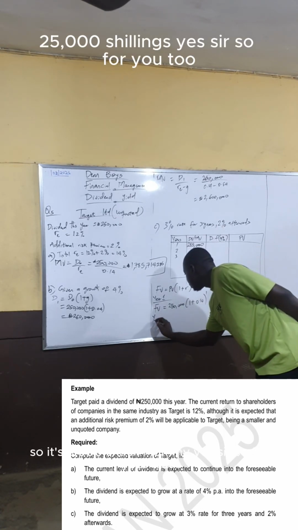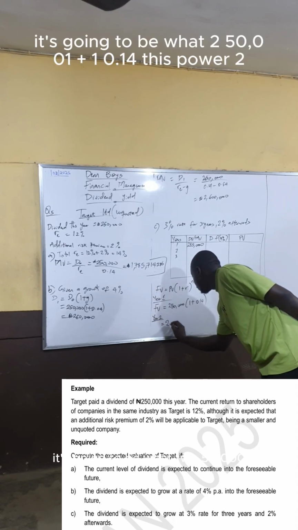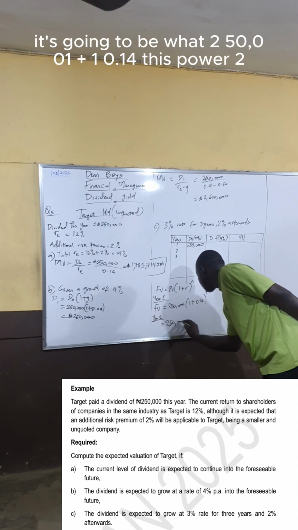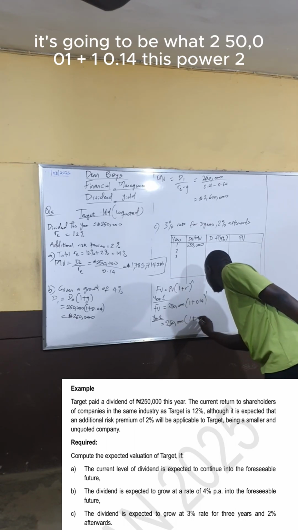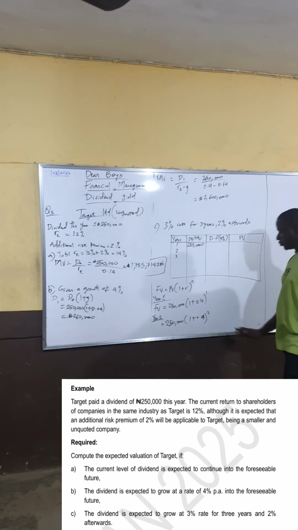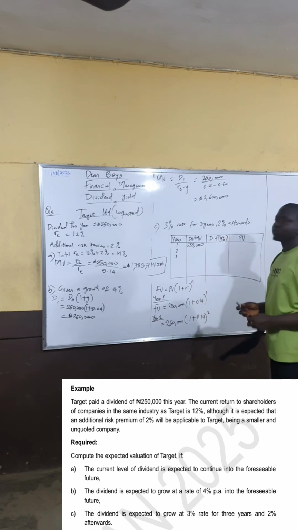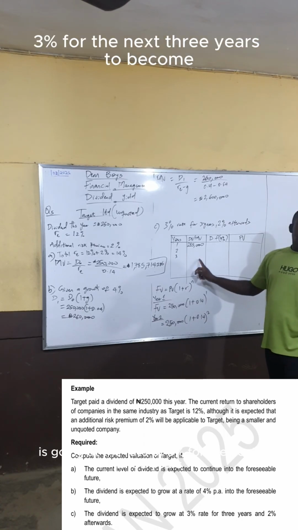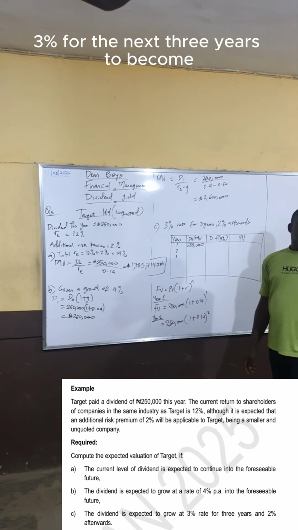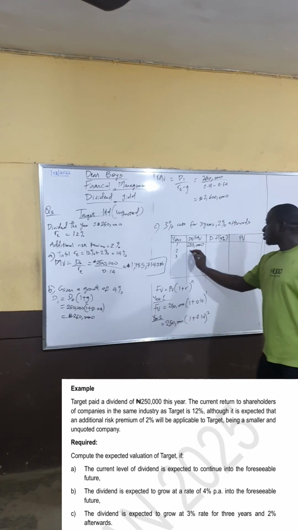So for year 2, it's going to be 250,000 multiplied by 1 plus 0.14, raised to the power of 2. It's growing at the rate of 3% for the next 3 years, so we calculate the future value: 324,900.